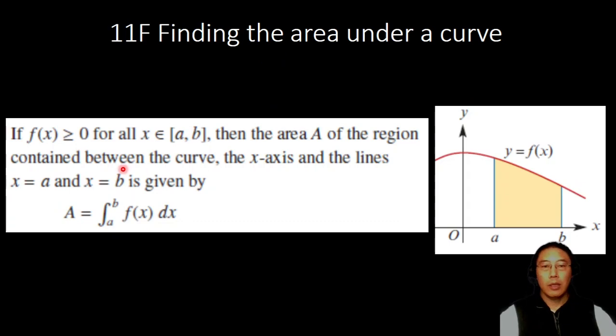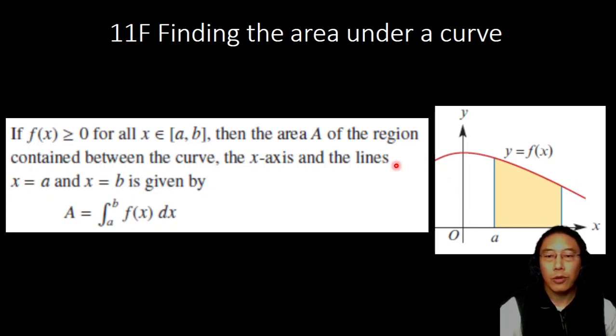Alright. Just a little bit of a reminder. When you have a function that is greater than 0 over the interval from a to b, when you anti-differentiate that function over that interval, the integral is positive, which is the same as your area.